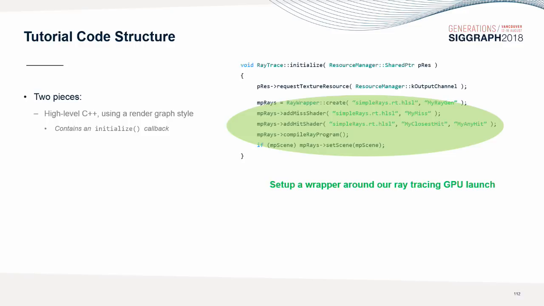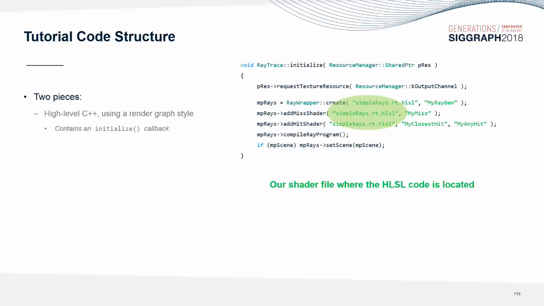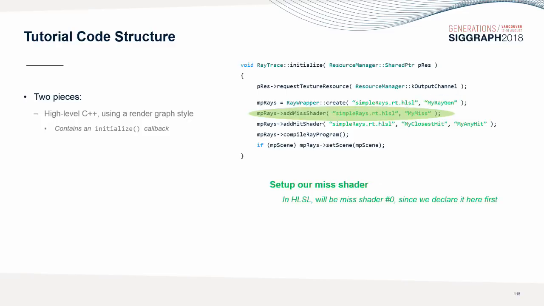Here, I'm creating my DXR ray launch. So here is the HLSL shader that I'm going to launch my shaders from, and you've seen examples of this already. These here are the names of the entry points, so the RayGen shader, the miss shader, the closest hit shader, and the any hit shader that I'm going to be using during this ray tracing. This specifies the miss shader.